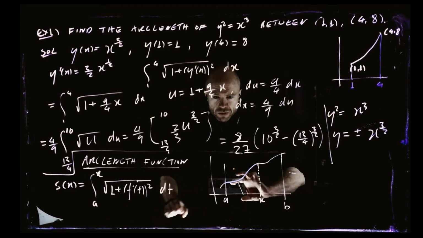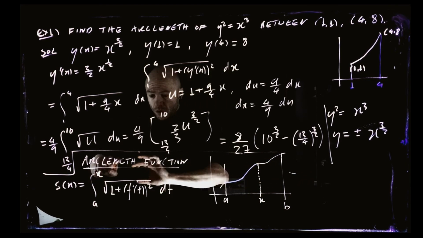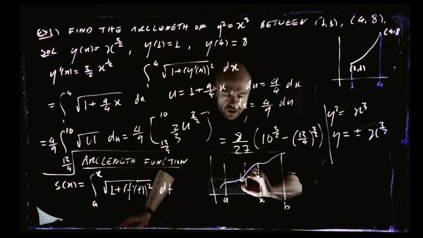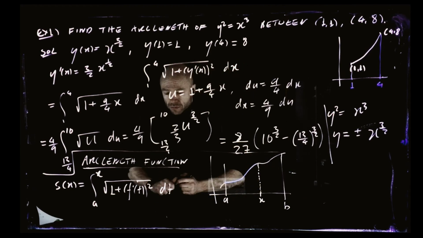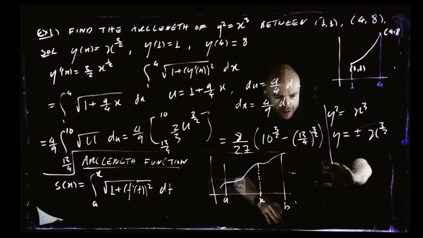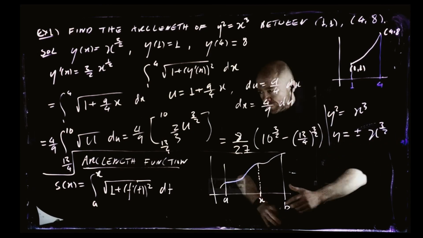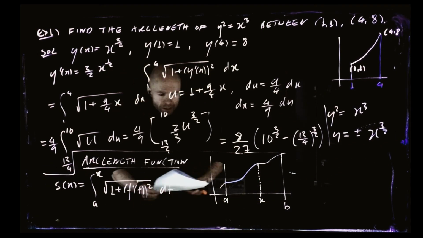So what we've done here is we've described in the language of maths what this thing has to be, just the length of this thing. You feel okay with this? Yeah? Cool. And that's all this thing is. So we are going to calculate some arc length functions.